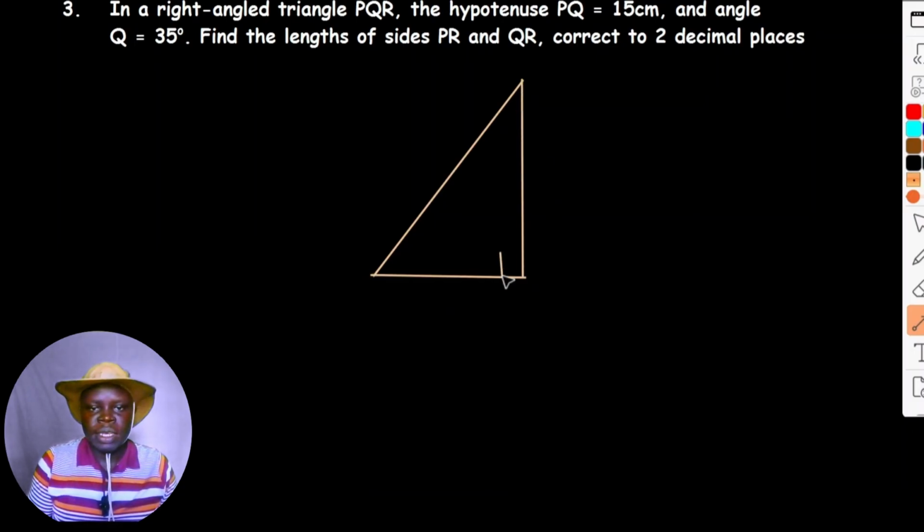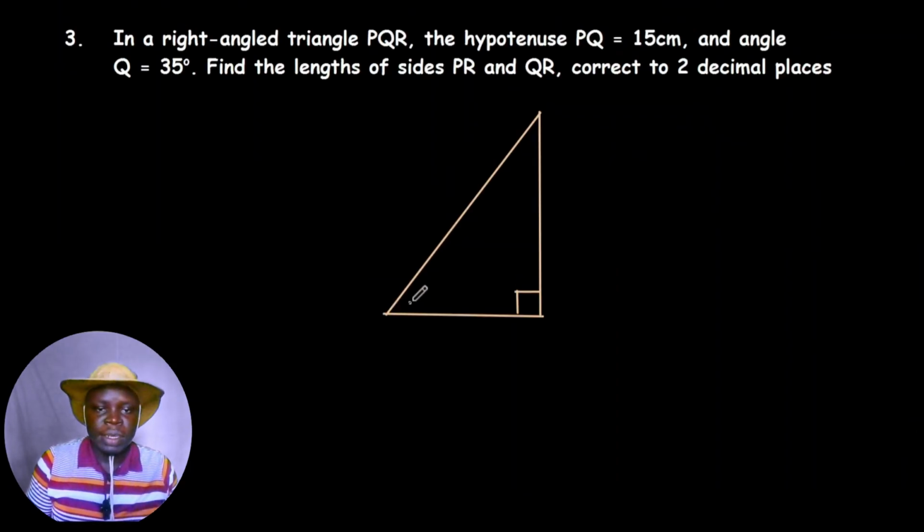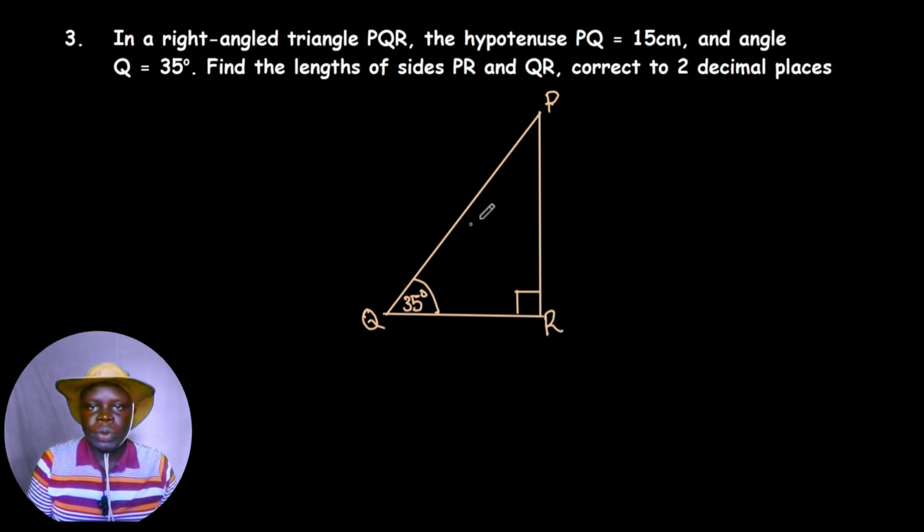So we make our 90 degrees here, and we can move on. Let's indicate this angle here, and that is at Q 35 degrees as indicated by the question here. This will be P and this will be R, where PQ is 15 centimeters being the hypotenuse. So we have here 15 centimeters.